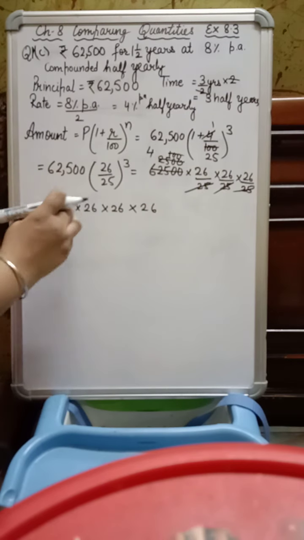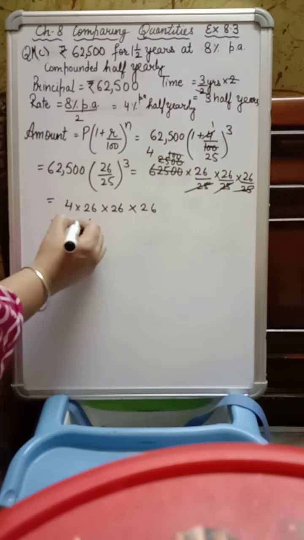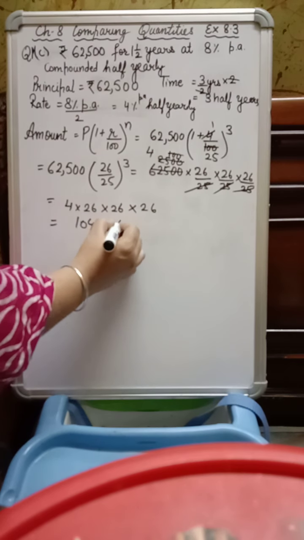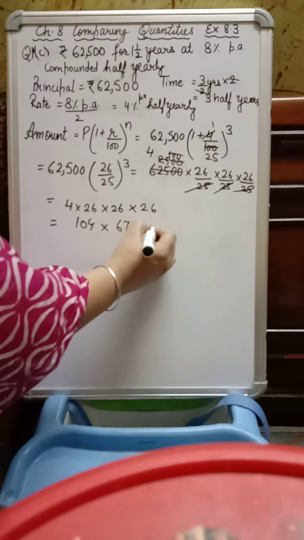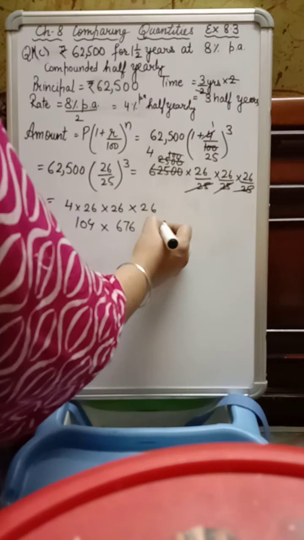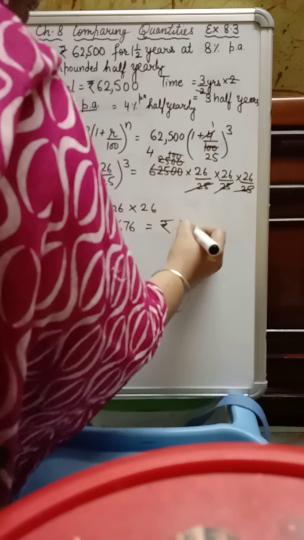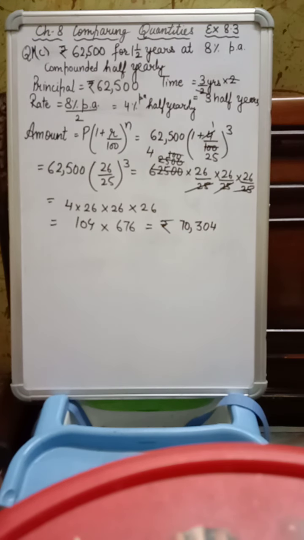Now 4 into 26, 6 fours are 24, 4 twos are 8, this comes out to be 104. 26 into 26 is 676. When you multiply these numbers, you will get 70,304. Now this is your amount.